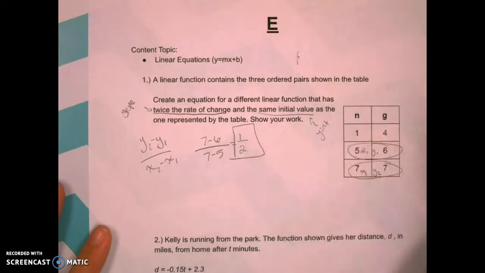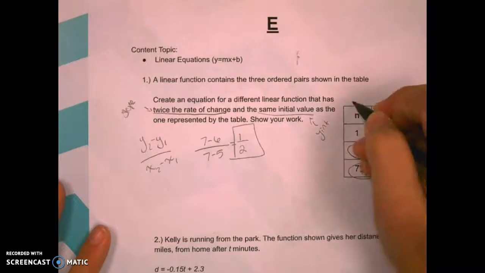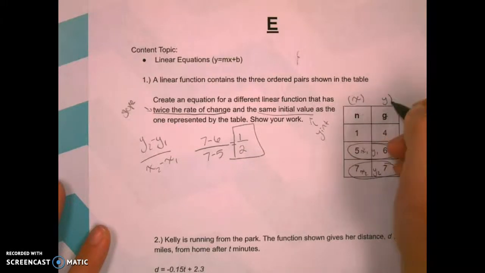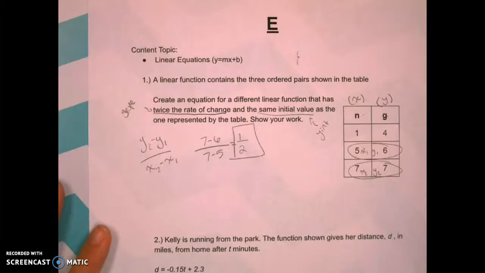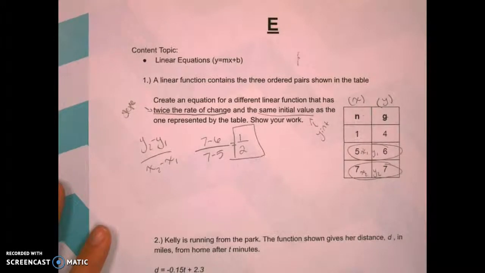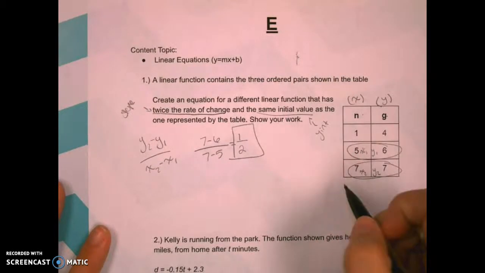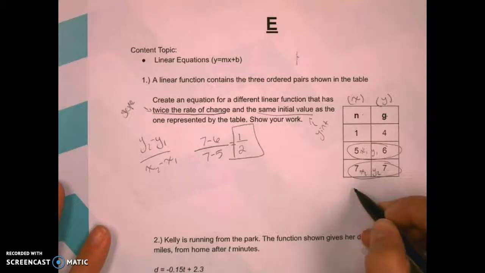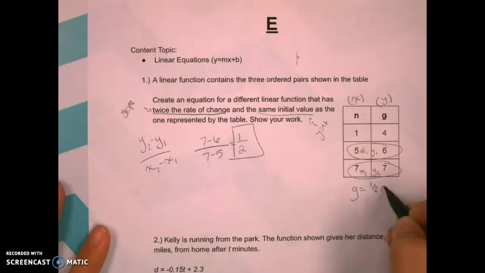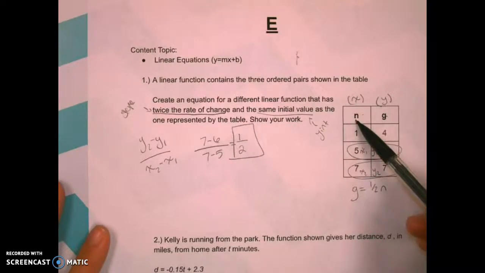Okay, so I know that n and g, this is basically like x and y. If it helps to put x and y above it, perfect, do so. So I know that I need to solve for g. So part of my equation that I already know is g equals 1/2 n, because this is our x essentially.